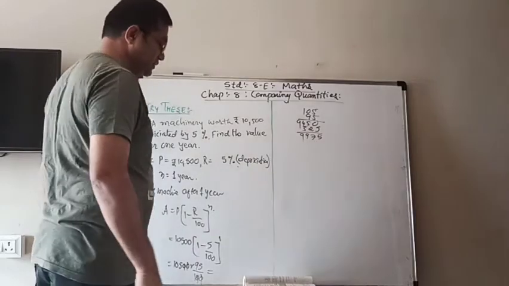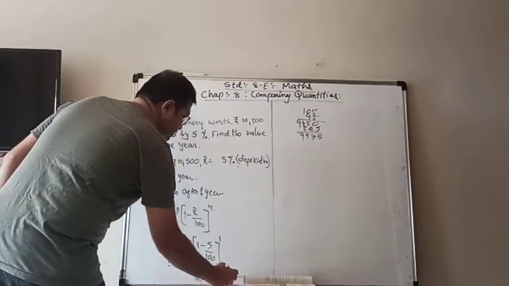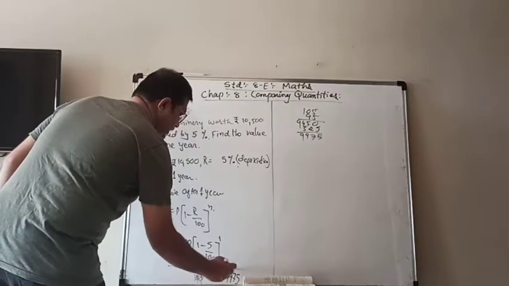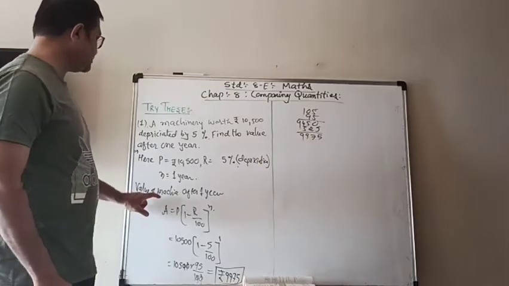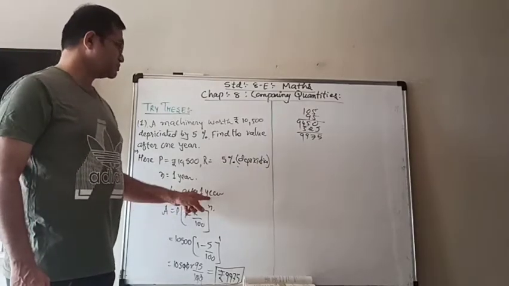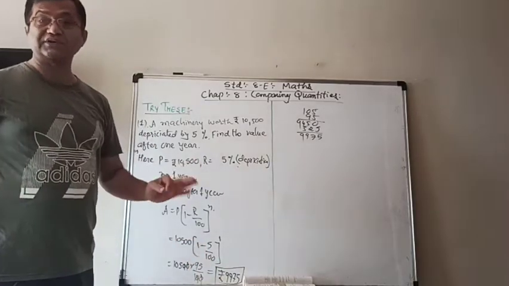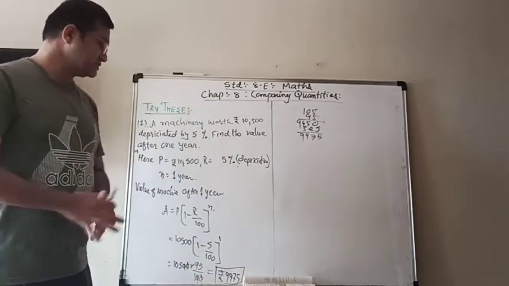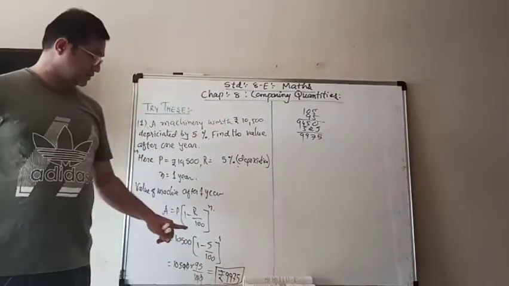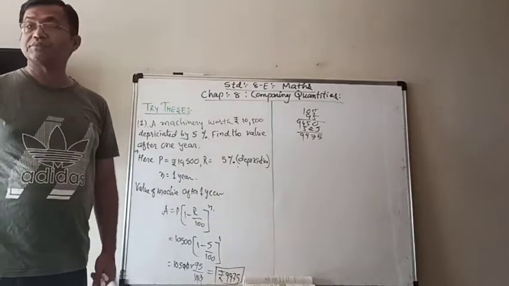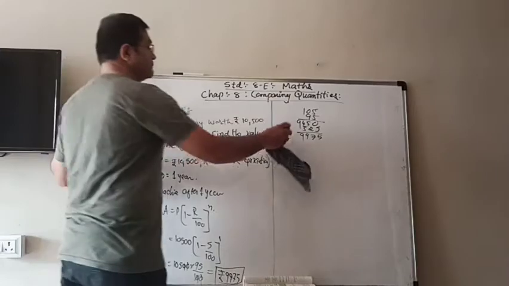So it is 9975, equal to rupees 9,975. So after 1 year, the value of the machine will be decreased and it will be rupees 9,975. So the only change is that in the formula we write 1 minus in place of 1 plus.